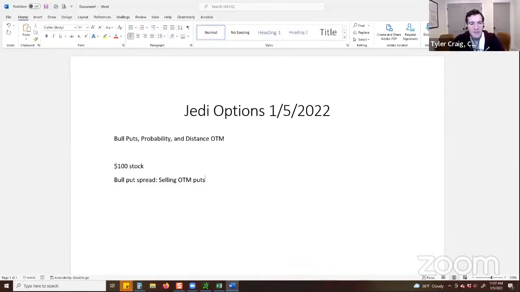So effectively, if the stock's at 100 and I build a bull put at 95 and you build a bull put at 85, well, the odds of the stock going below 85 are less than the odds of the stock going below 95. So the 85 bull put has a better probability than the 95.